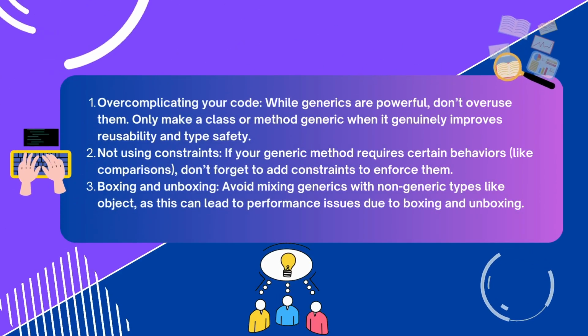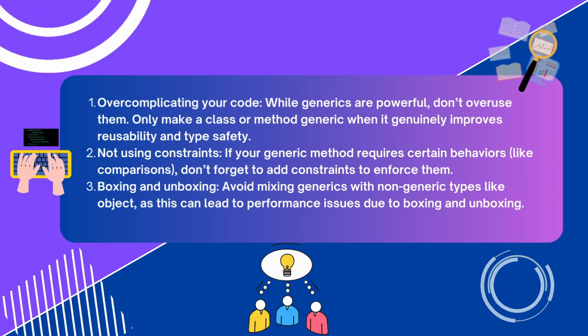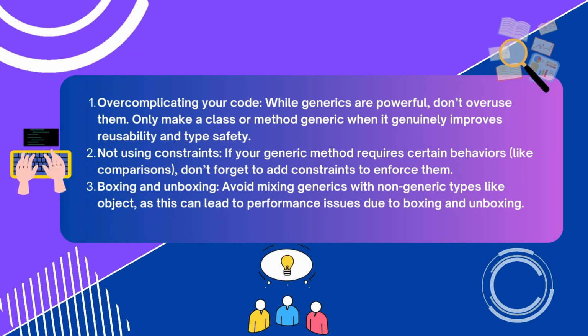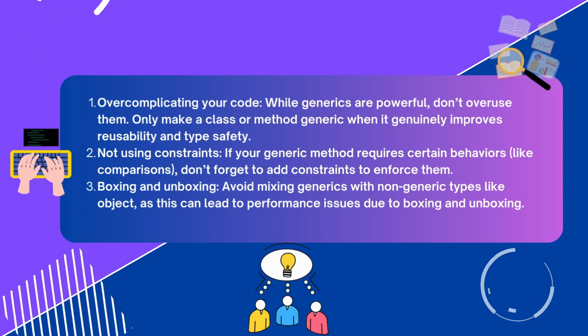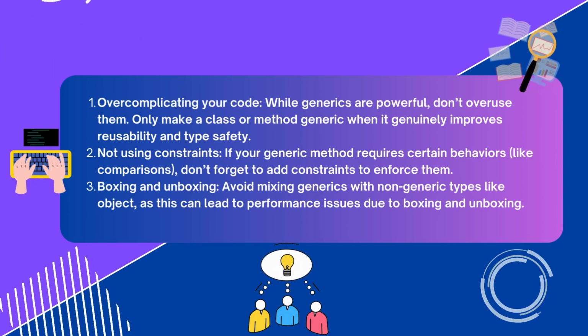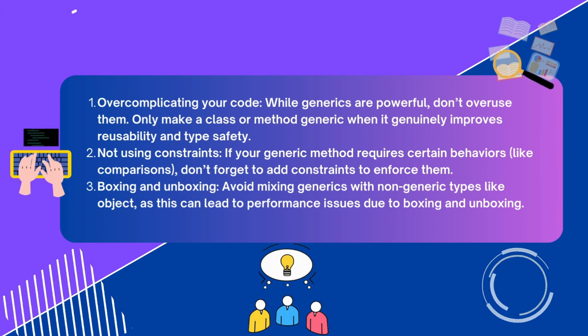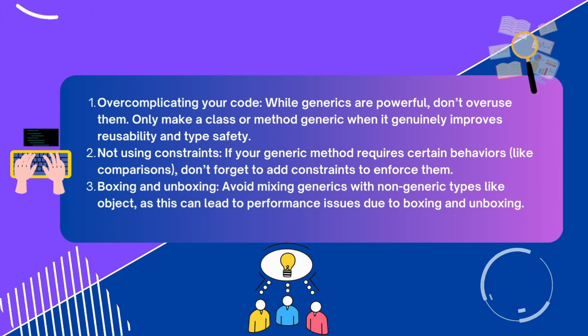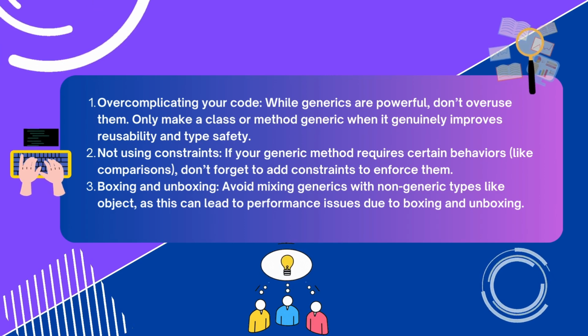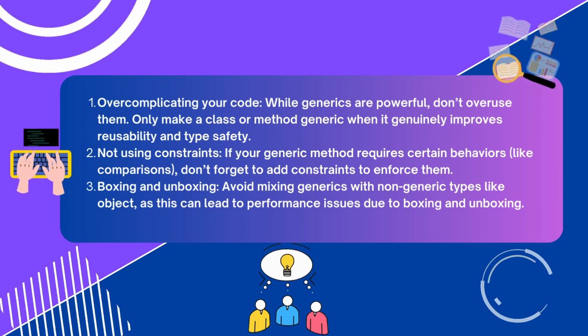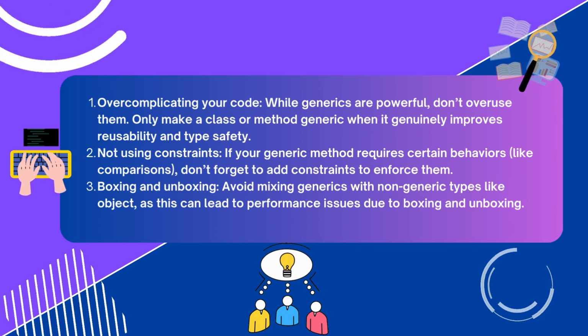Before we wrap up, I want to highlight a few common pitfalls to avoid when working with generics. 1. Overcomplicating your code. While generics are powerful, don't overuse them. Only make a class or method generic when it genuinely improves reusability and type safety. 2. Not using constraints.